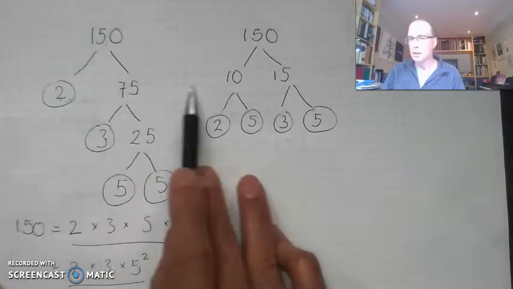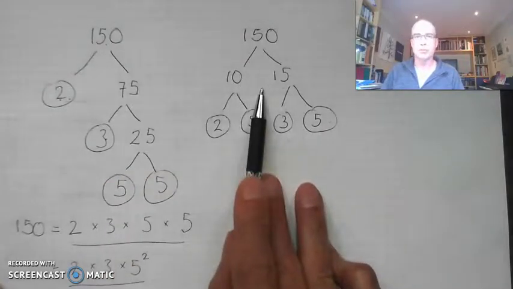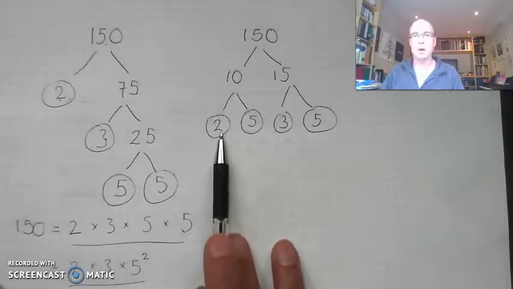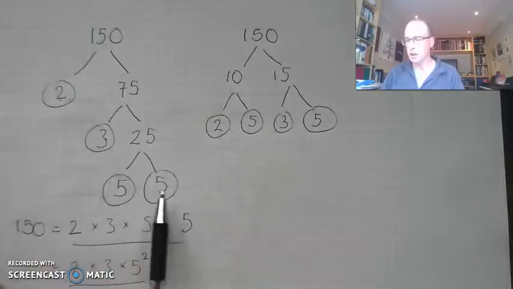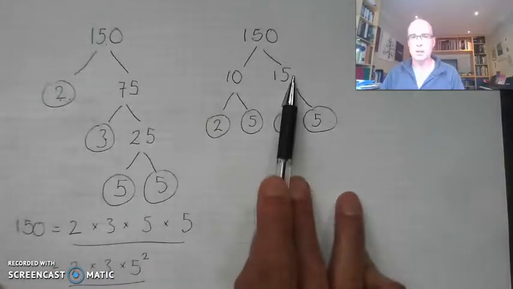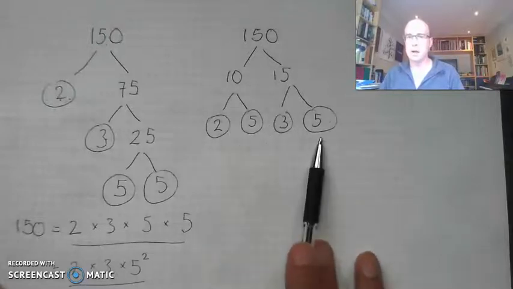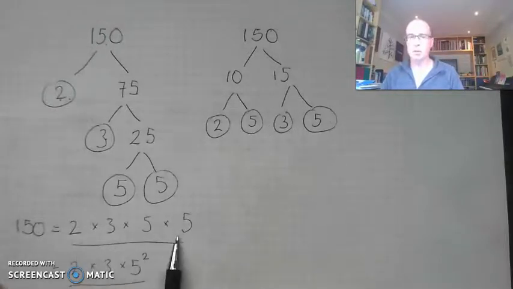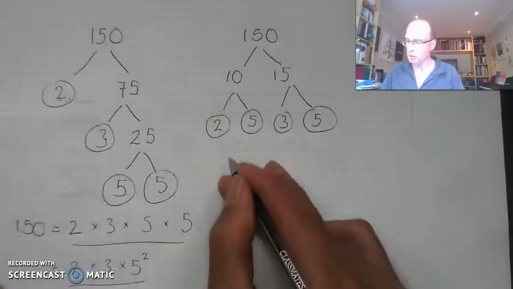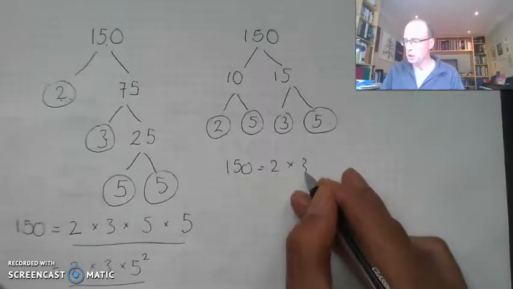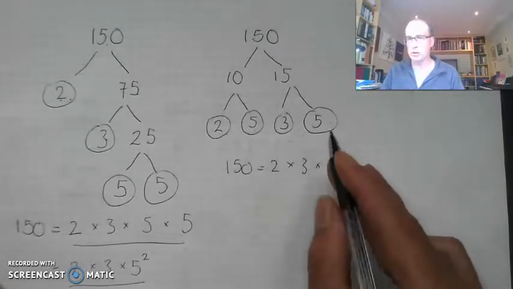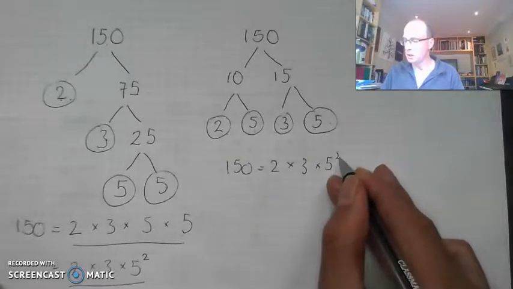So this tree looks completely different from this one, but we've got exactly the same primes on the end of the branches. So we've got 2, 3 and 2 5s, 2, 3 and 2 5s. Doesn't matter how you break them down, you're going to end up with the same product of prime factors and same index form. So 150 equals 2 times 3 times 5 squared.